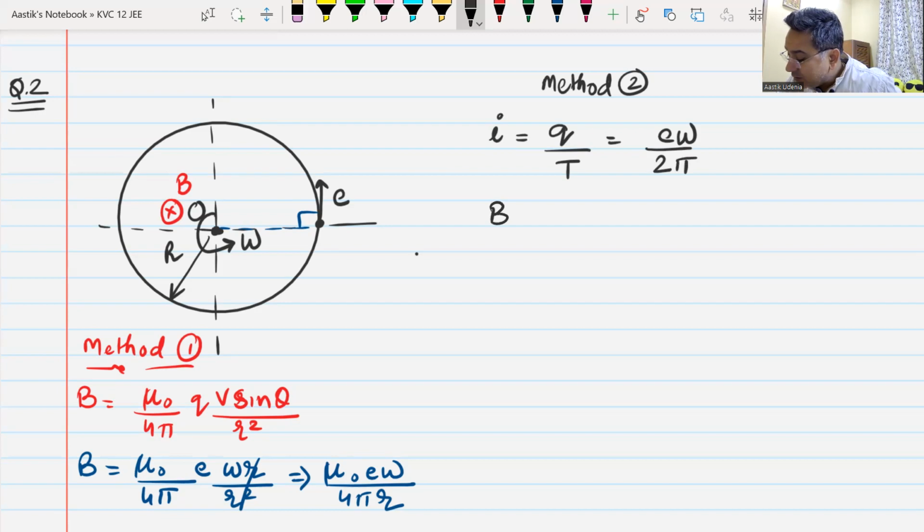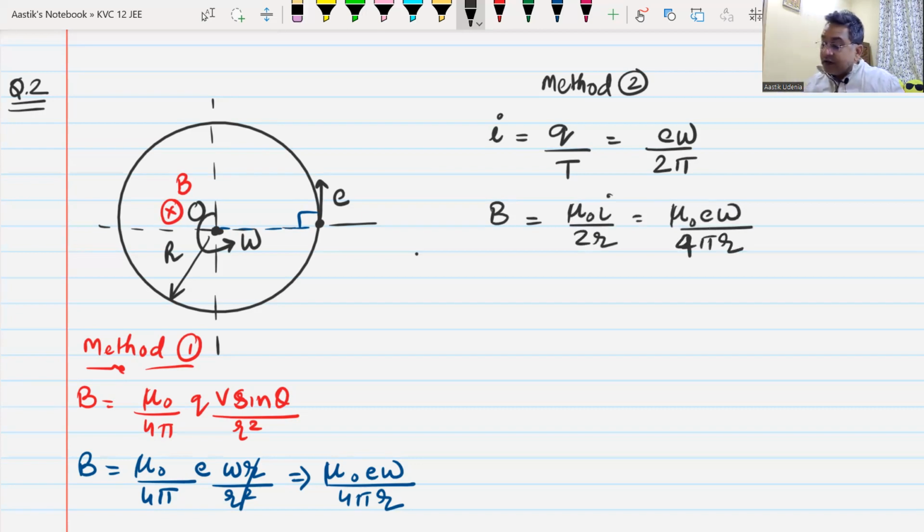Then I can find the magnetic field assuming it to be current. Current I, center of the coil. What is the magnetic field? It is mu naught I by 2R. I just put the values and I end up with the same answer, mu naught E omega by 4 pi R. Now if the electron is moving like this, then the current is moving like this.